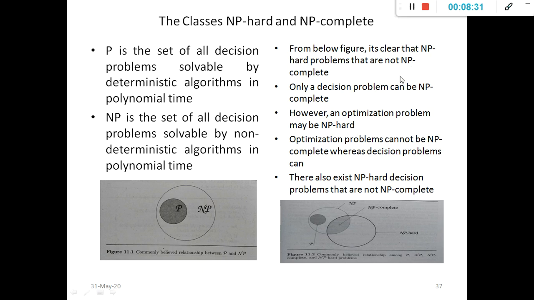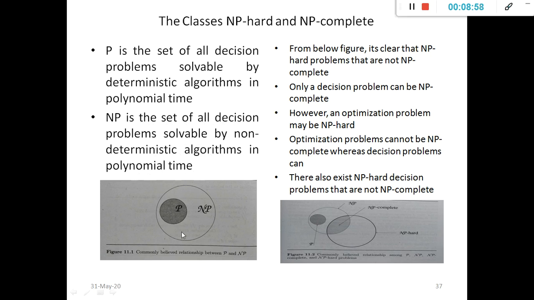Next, in this slide, we can discuss the commonly believed relationship between P and NP, with examples of NP hard and NP complete. Let us say P is the set of all decision problems solvable by deterministic algorithms in polynomial time, and NP is the set of all decision problems solvable by non-deterministic algorithms in polynomial time.